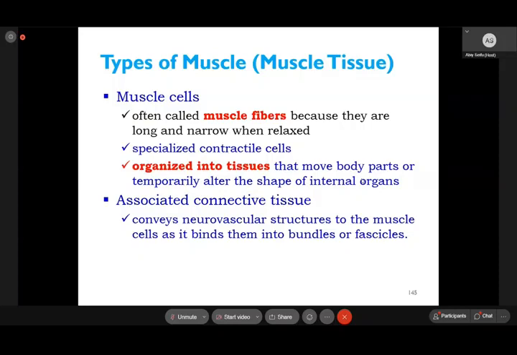is a specialized contractile type of cell, which is organized into a tissue that is able to move the body.